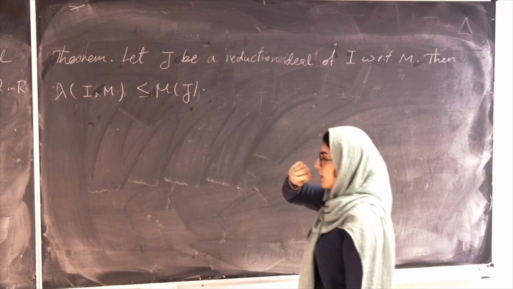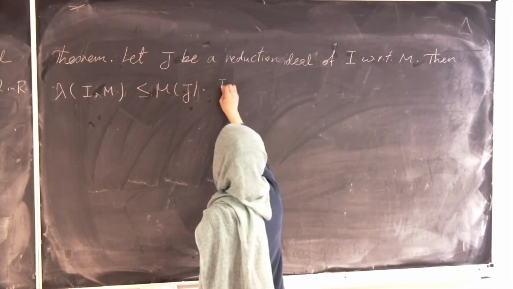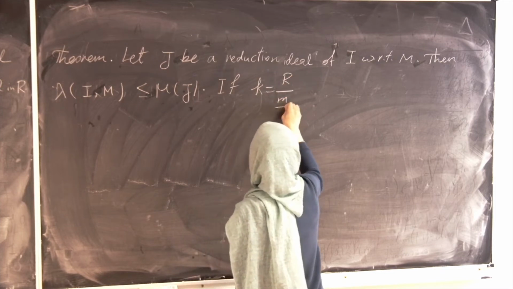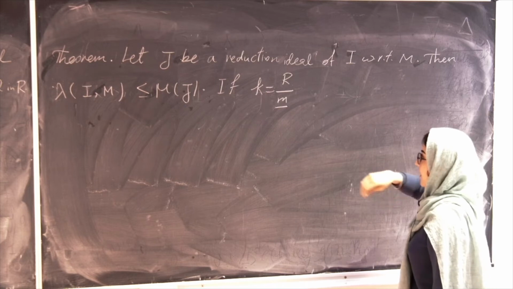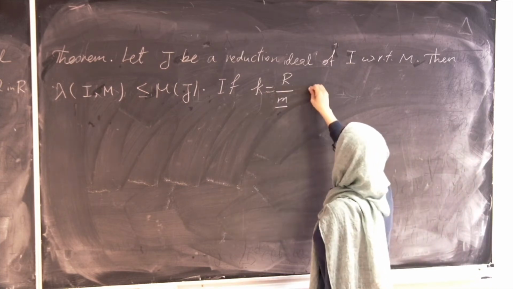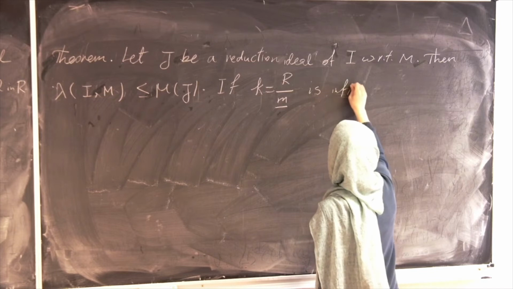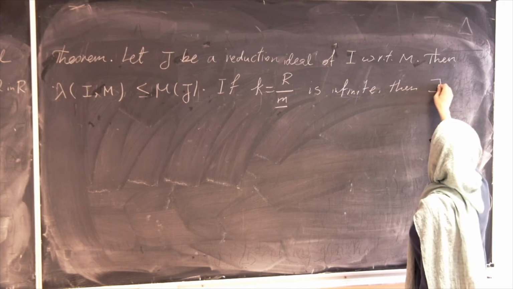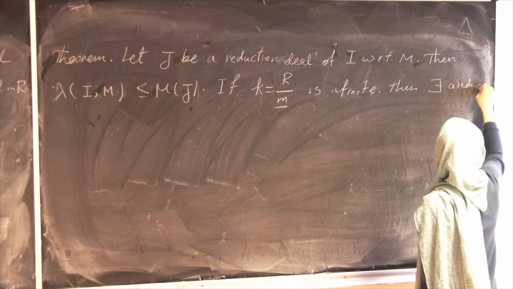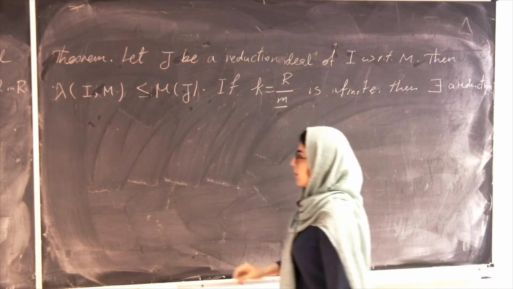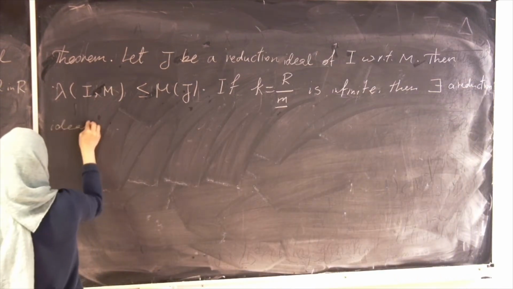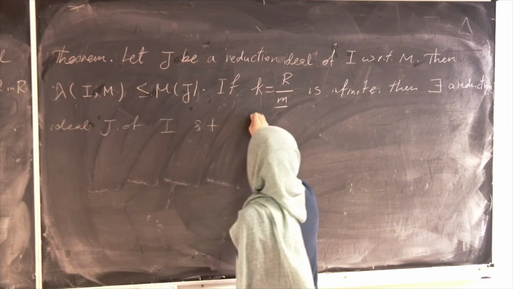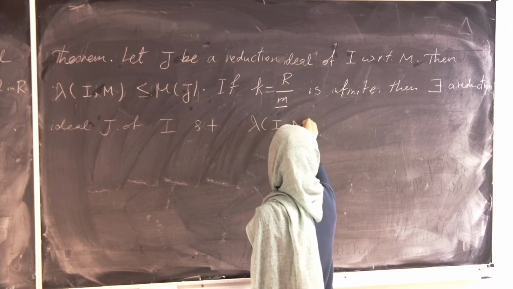And the important part comes here: if the field K, which is just the ring mod out by the maximal ideal, is infinite, then in fact we can find a reduction ideal J of I such that lambda I and M is exactly mu of J.